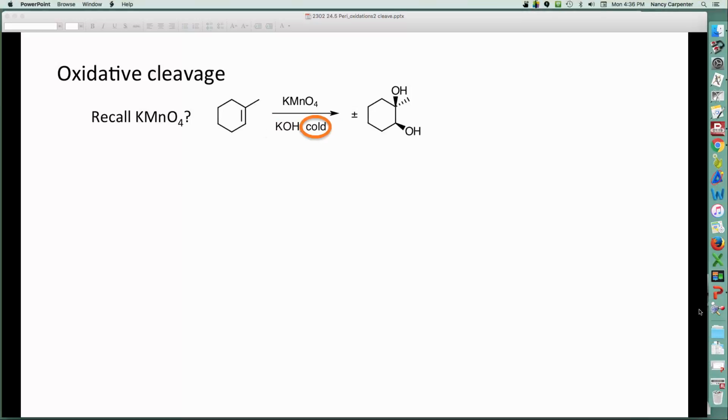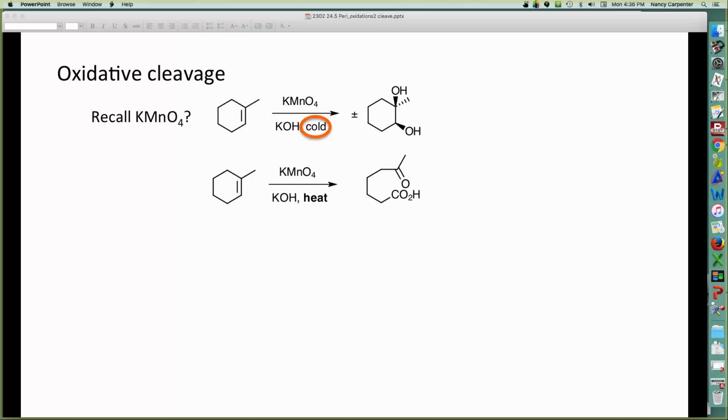Now if we tweak it up just a hair, and instead of using cold permanganate, we heat it up, then look out. Now all of a sudden, boom, we tear open our alkene and we get oxidative cleavage.